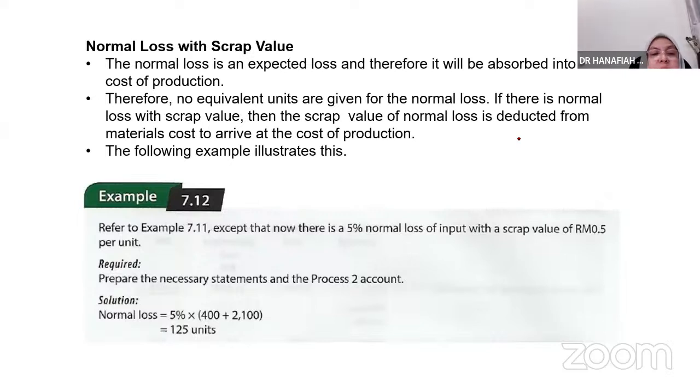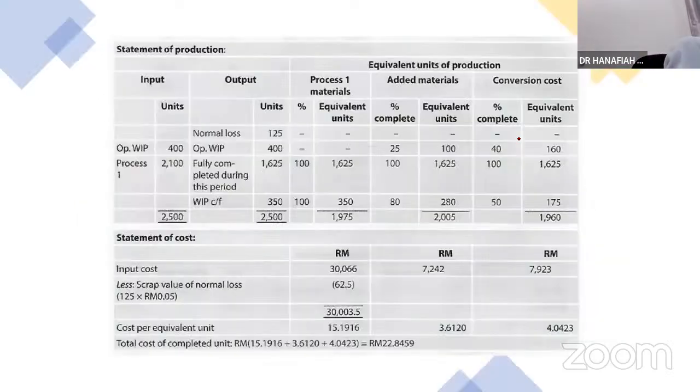scrap value. The difference is actually only this part, as I prepared and showed you earlier. You only need to do the calculation of the scrap value and the rest will be the same. And you maybe can refer one to one.